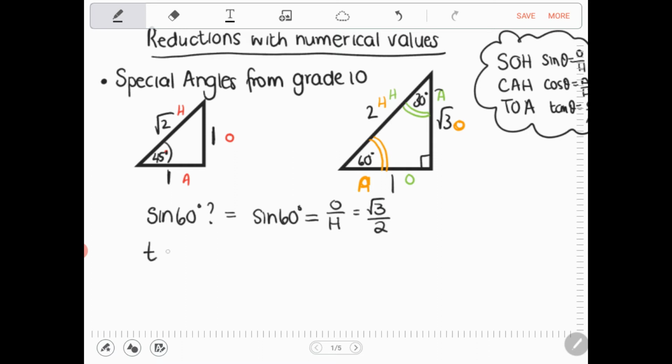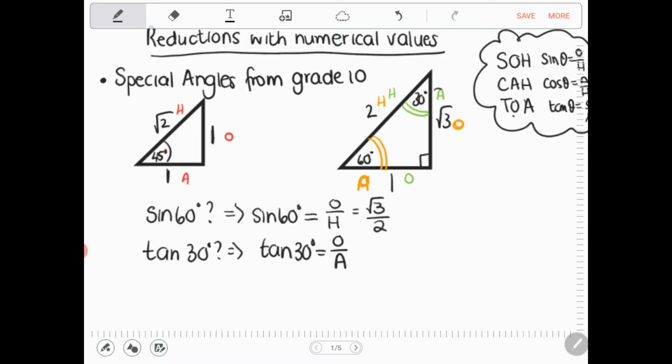If we said, what is a tan of 30? Okay, so tan of 30. 30 is a green angle here. Tan is opposite over adjacent. TOA, opposite over adjacent. So tan of 30, opposite would be 1, and adjacent would be root 3.